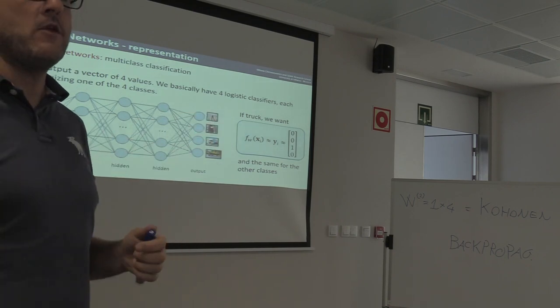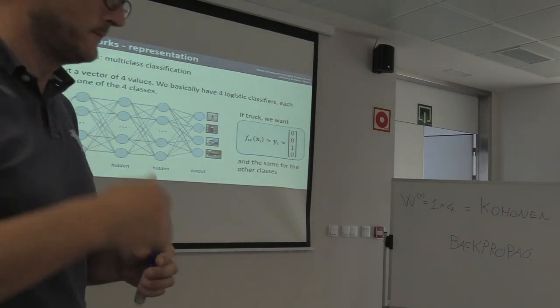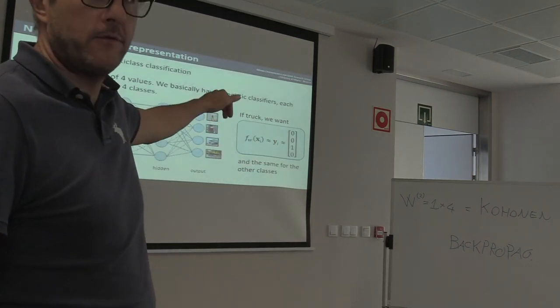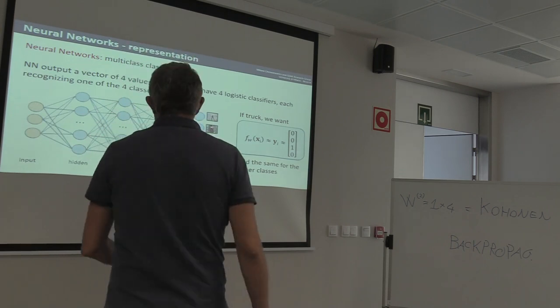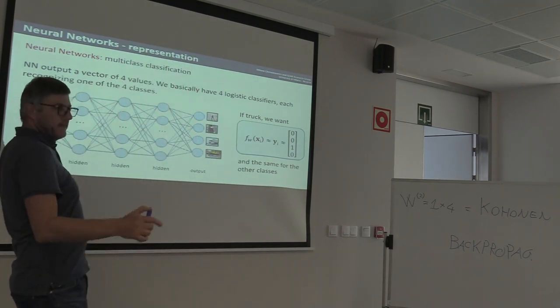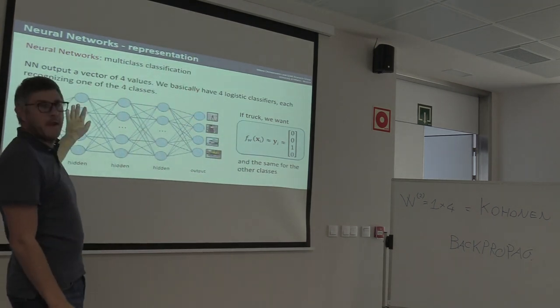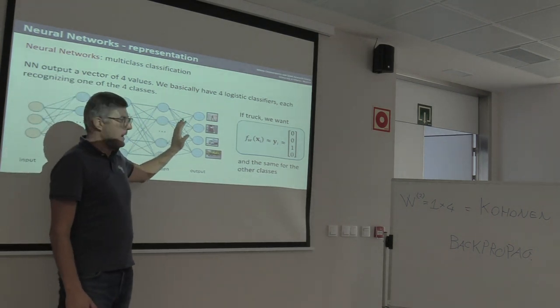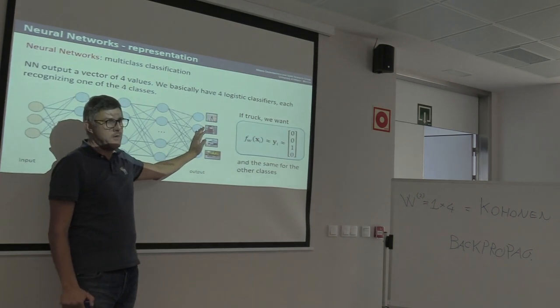And then I have a new sample. I don't know to which class it belongs. So the sample enters the network, and the information is propagated until the output layer.